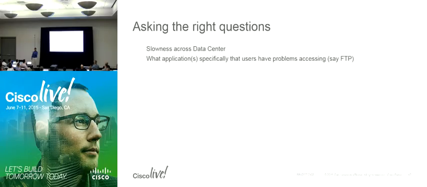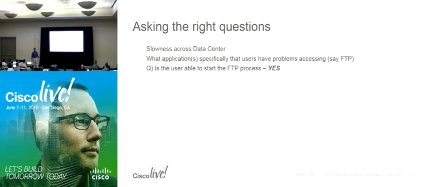I said, hey guys, let's pick one application that was completely down or very slow. And they gave something which is not exactly FTP, but something similar to what FTP does. And the first question is, are you guys able to even log into the server and start downloading the file, or what exactly is it?